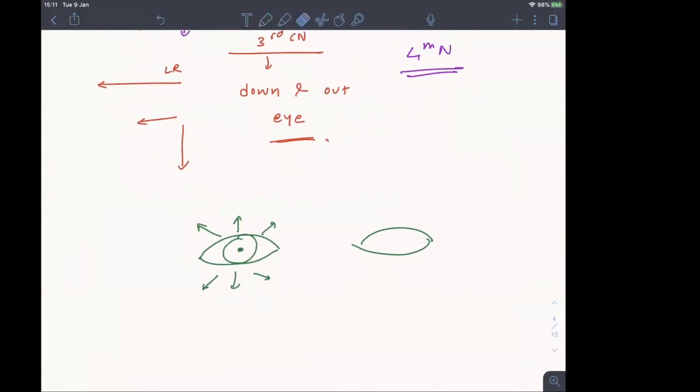Now, suppose for some reason all the other actions go away, then even if your superior oblique has a primary role of internal rotation, because all the other actions are no longer there, even the minor actions come into play, and the minor action is down and out. Because there is no opposite pull to cancel it out, that is why even the minor actions come into play. That is why it goes down and out.